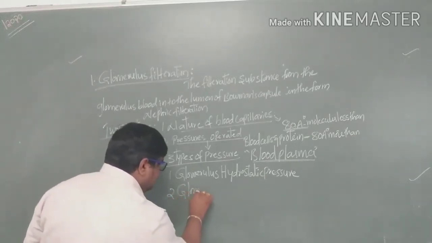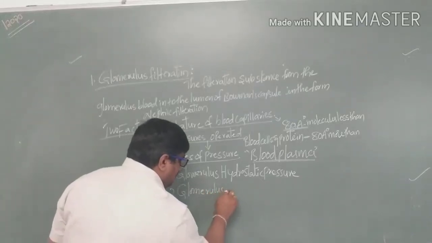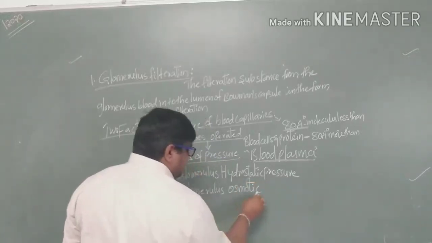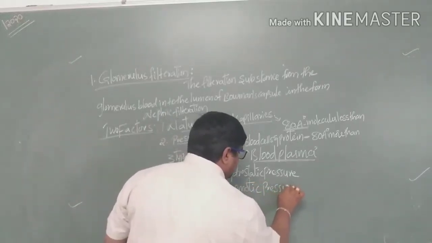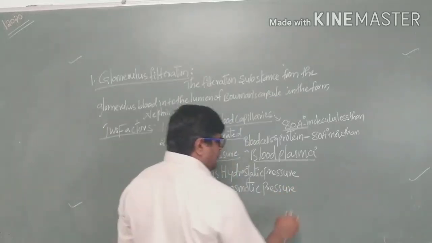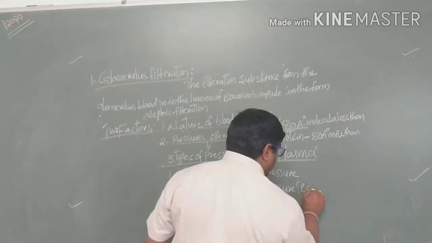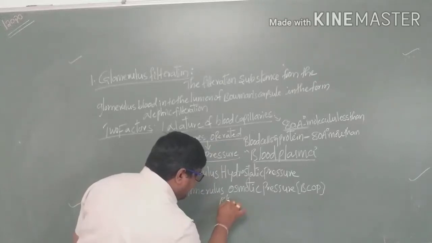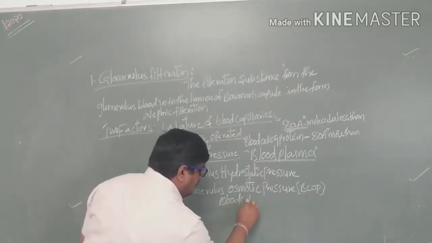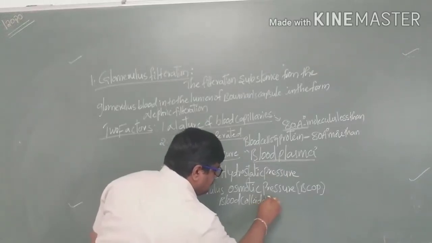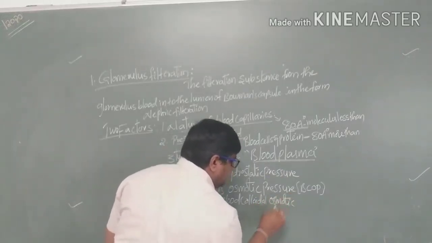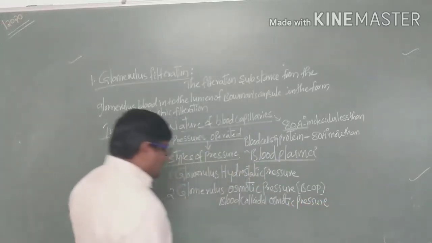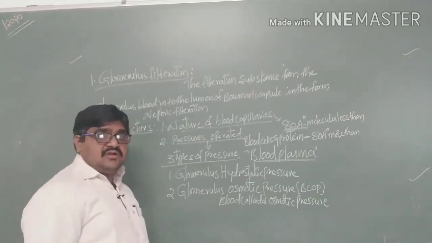The glomerular osmotic pressure is otherwise also called blood colloidal osmotic pressure.